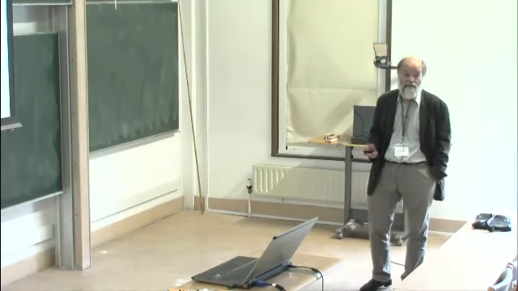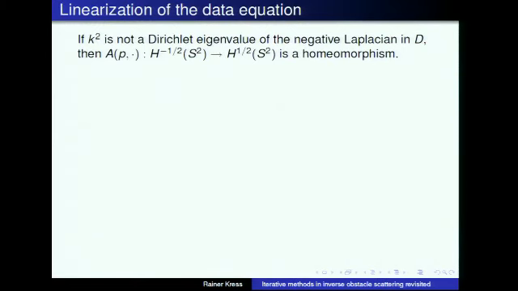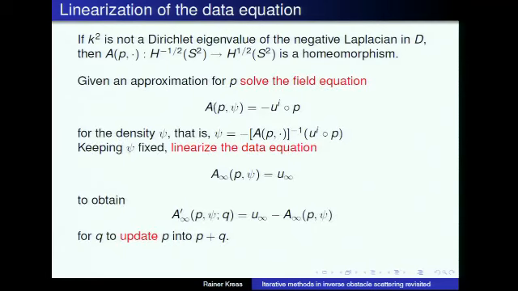Now if we assume that k squared is not a Dirichlet eigenvalue of the negative Laplacian, then this operator A, which is basically the single layer potential operator, is a homeomorphism. So this is used for solving the forward problem. And then what we do, as I already indicated, is solve the field equation for this approximate boundary representation.